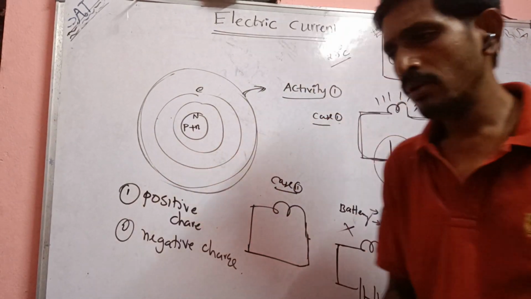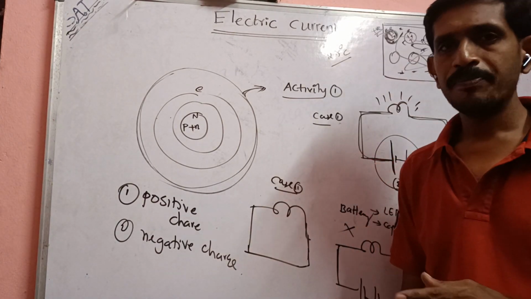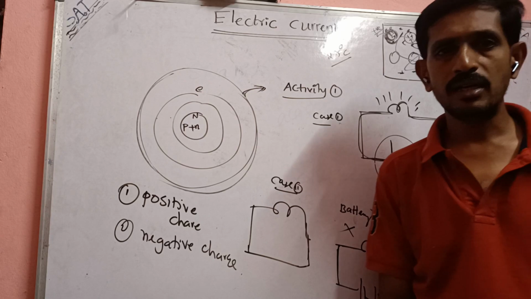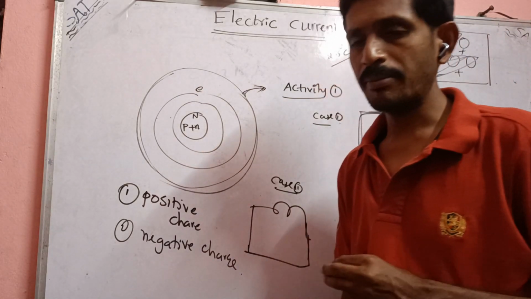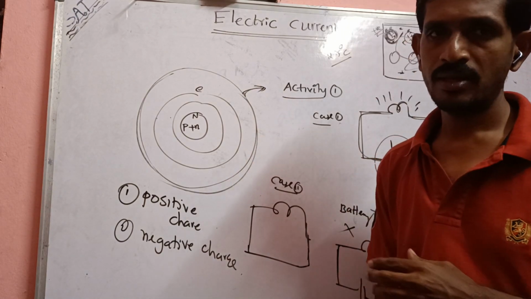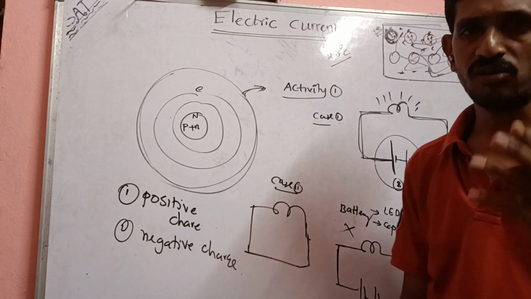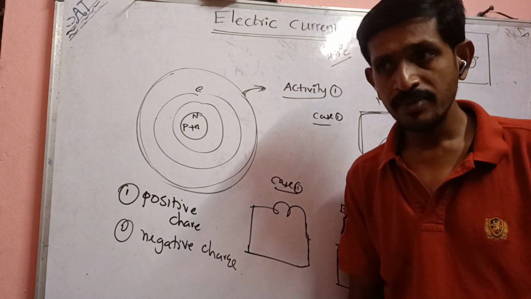Now, one more important experiment in the 10th class is the Lorentz-Drude experiment. In the Lorentz-Drude experiment, he conducted an experiment in his lab to see what the behavior of the electrons in the conductor is.